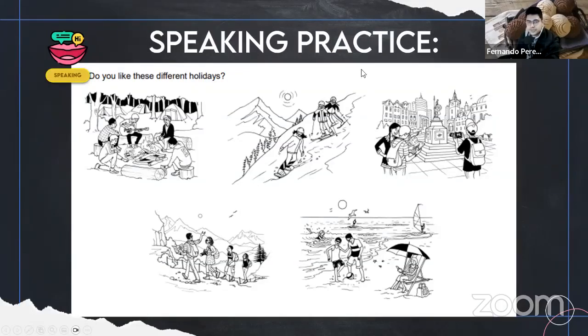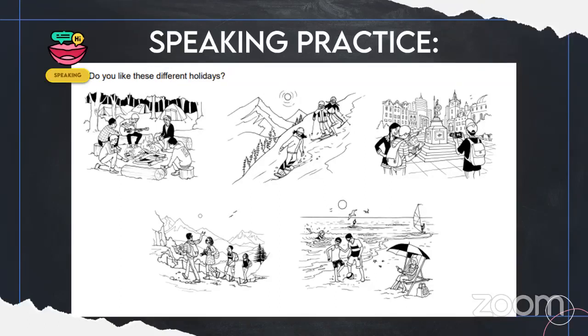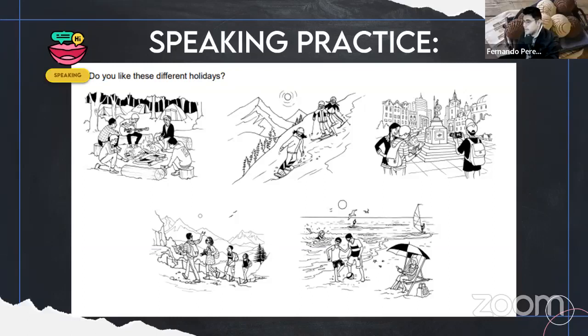Do you see the pictures in front of you? Yes, teacher. Okay. So we are going to make a little exercise, which is very similar to the one in the exam. I will take notes on your mistakes.